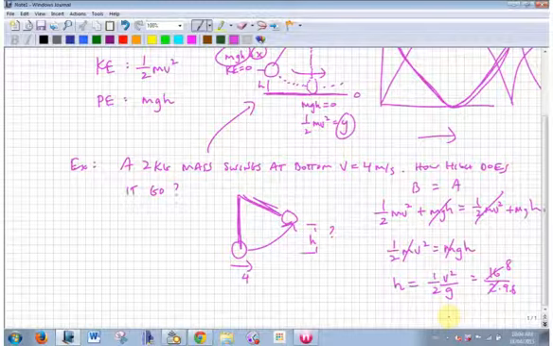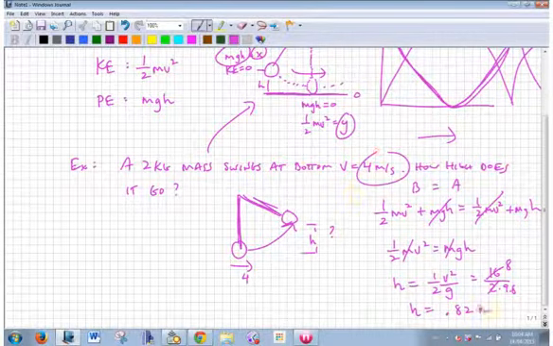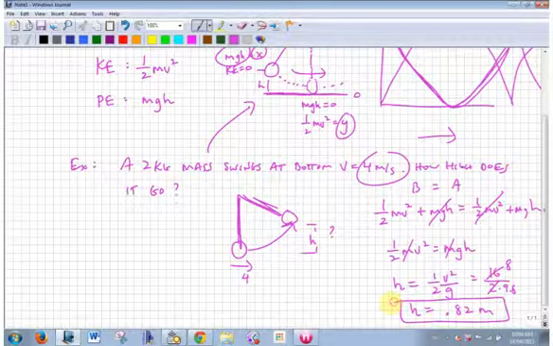That's 8 divided by 9.8, which I get that. What's the unit? It's a height. It's meters, yeah, because this was meters a second. Okay? I could give you the height and say what's the speed at the bottom. Same formula, same concept.